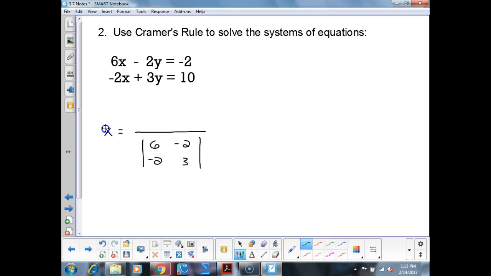Then I'm going to replace my two x coefficients with the numbers. Then I can figure out those.